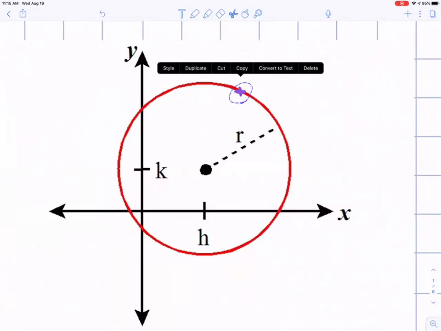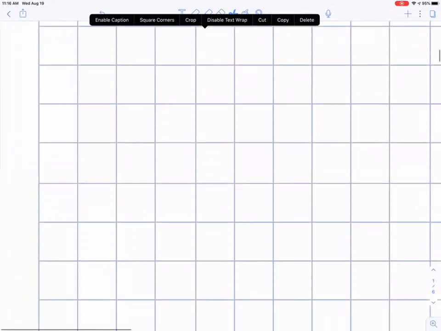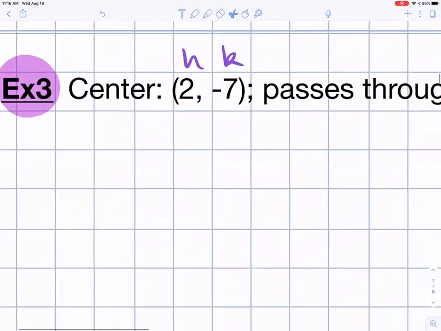I feel like I'm in Sesame Street. If the circle passes through a point, that point has to be on the circle. So let's go back to number 3.